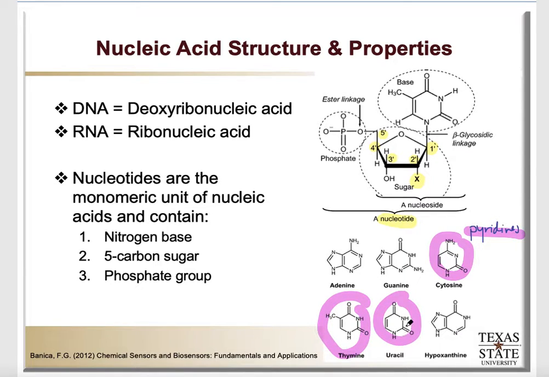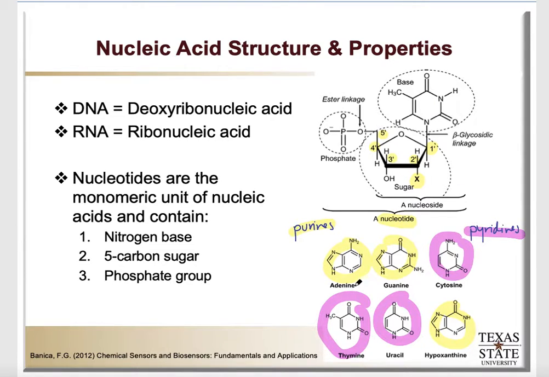As you can see, they have a pyrimidine structure with some differences in terms of methyl groups, for example, that can be found in some of them, or some of the double bonds that you might find in the cyclic structure. In addition, we're going to have purines. These purines are structures that contain a pyrimidine ring as well as an imidazole ring that are linked together. Those are the remaining ones, basically. So this one and this one are going to be your purines.